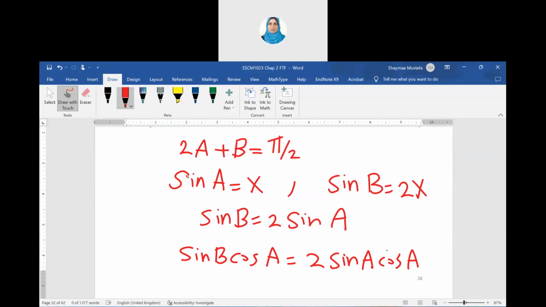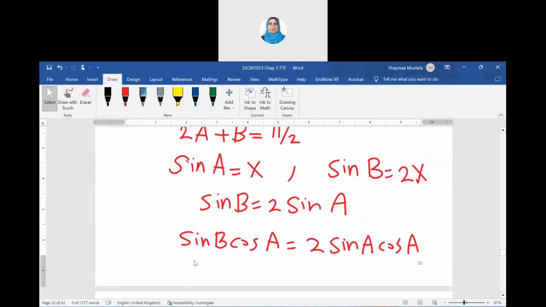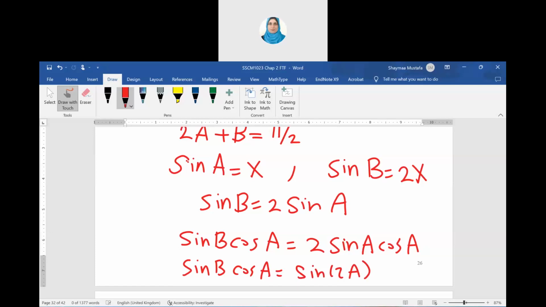If you go for the identities, this part, sine a cos a, is equal to sine 2a over 2.